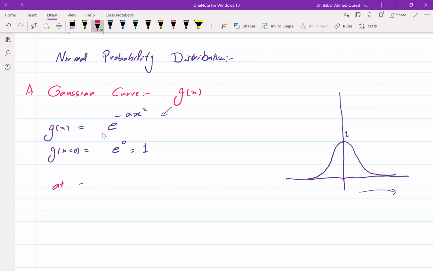And if I give x a value a, what happens to this function? Well, let's not give it a, let's give it 1 over under root a. At x is equal to 1 over under root a, let's call it this value x naught.